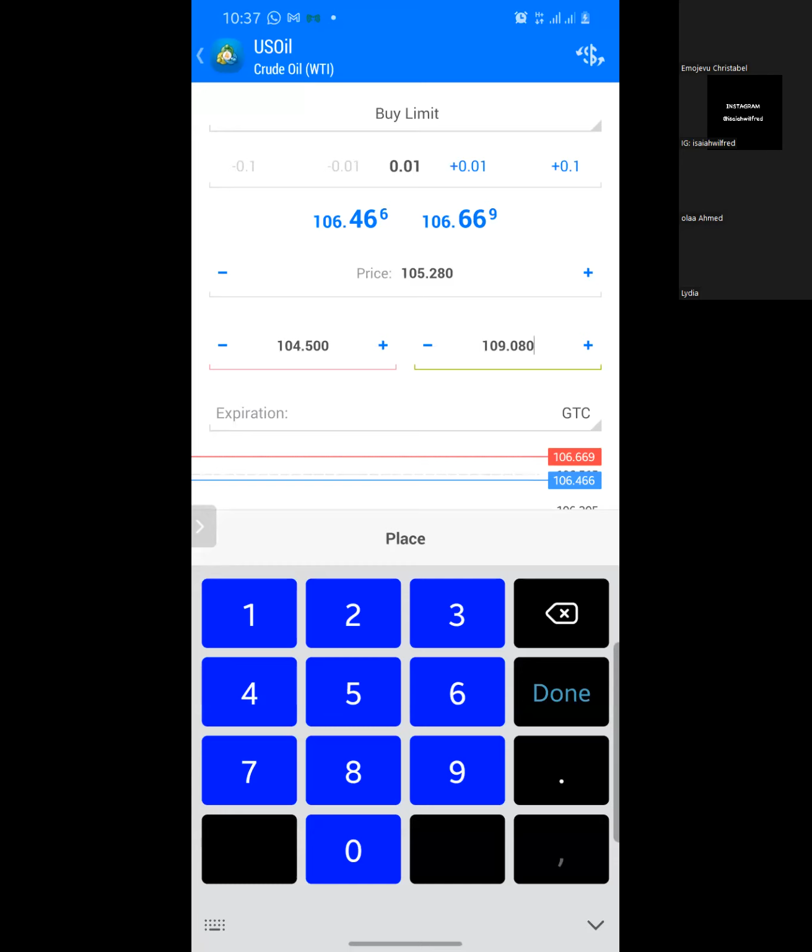If you want to set for TP2, you do the same thing again: same entry price, same stop loss. The only thing that changes is the value for take profit. So if your take profit is 111.000, it's still correct. That's your second take profit point. After you place for TP1, you place a second buy limit order, and that becomes your TP2.